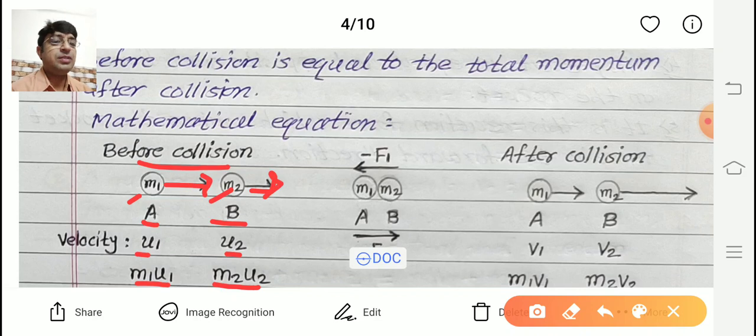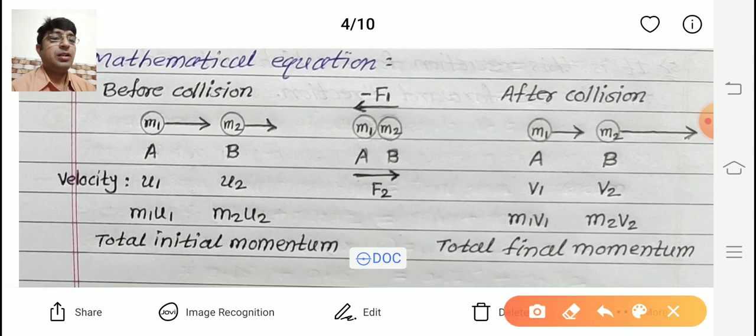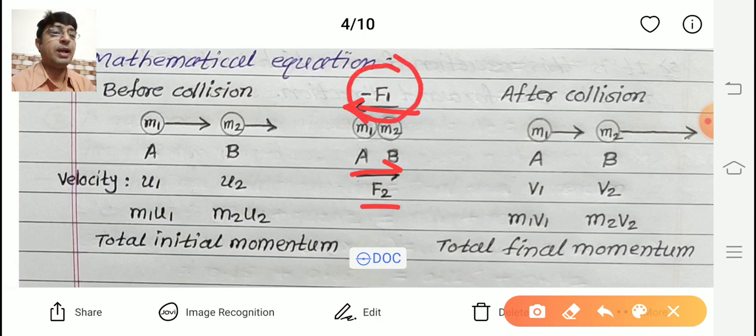So after some time they collide with each other. So object A exerts a force on B, that is F2. At the same time, object B also exerts a force on object A, in the opposite direction. That's why we are using the minus sign, that is F1.